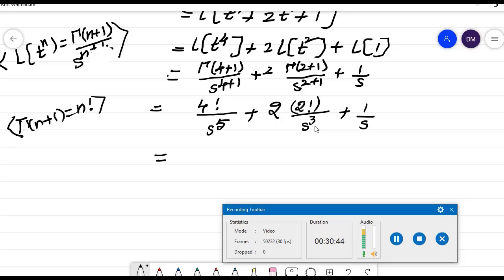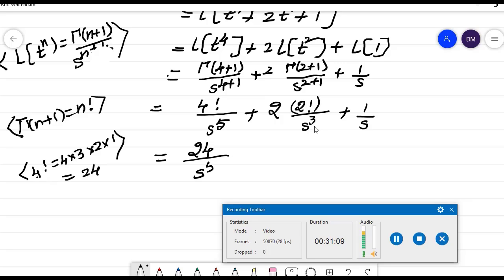What is the 4 factorial value? 4 into 3 into 2 into 1. 4 threes are 12, 12 twos are 24. This is the 4 factorial value. So we get 24 by s power 5.